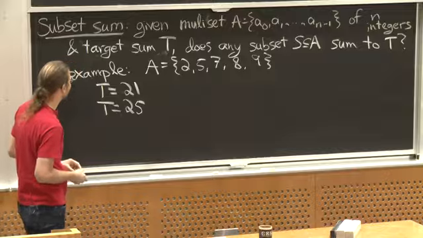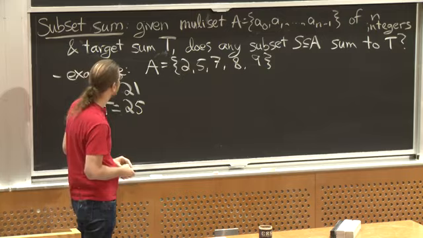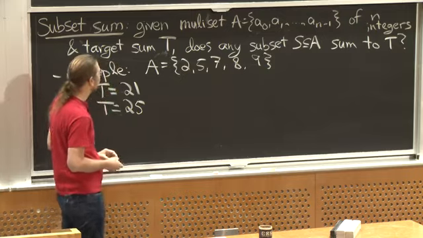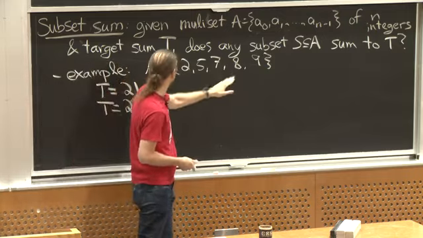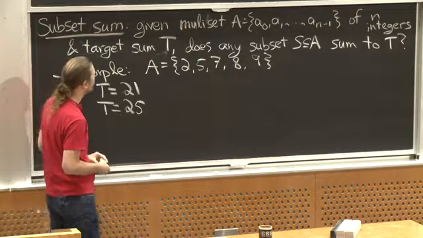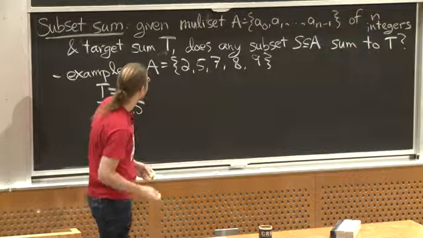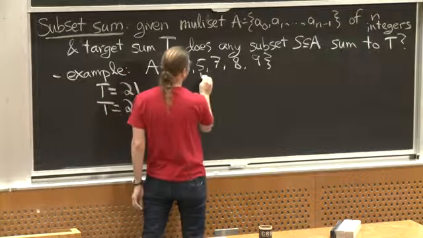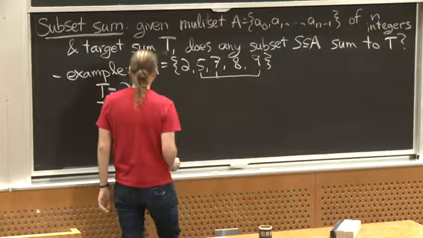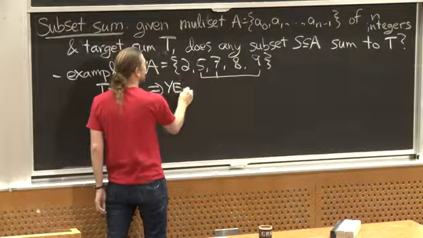Well, this involves arithmetic. That's hard. I think, let's see, if I add 7 and 8, I get 15. Not quite what I want. Cheat. Look at my answer. Yeah, close. I see. 5, 7, 9. So this is a yes answer to the question.